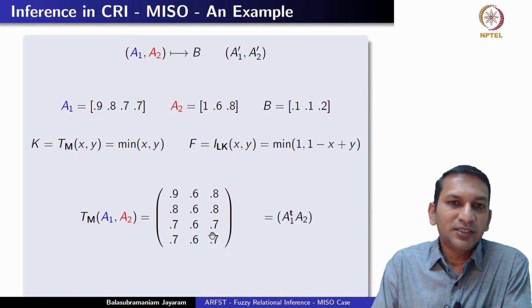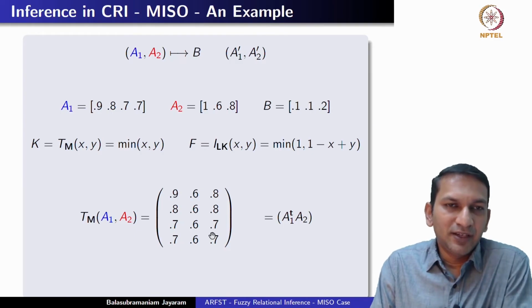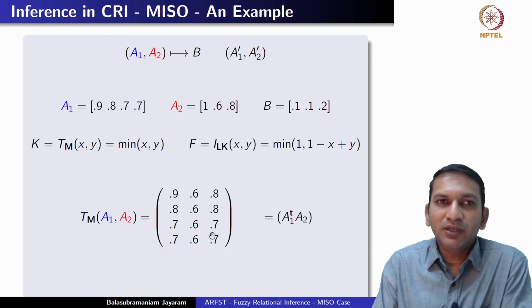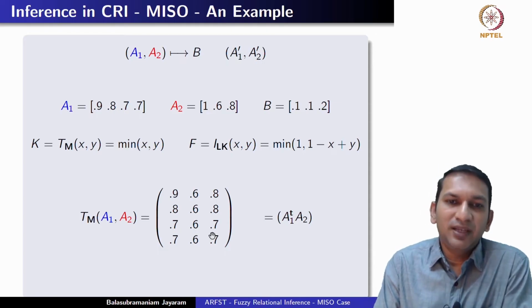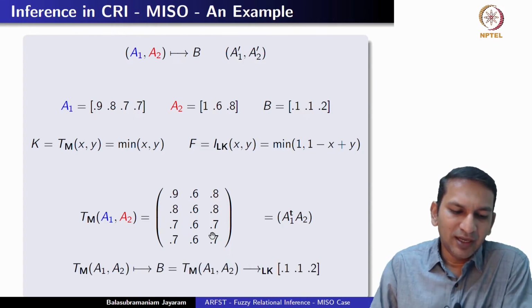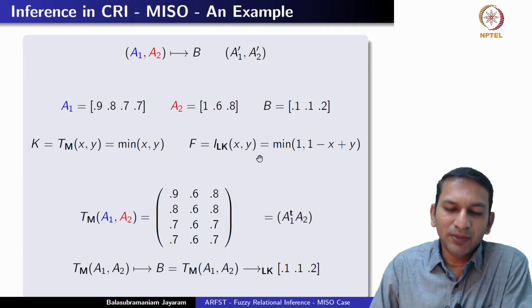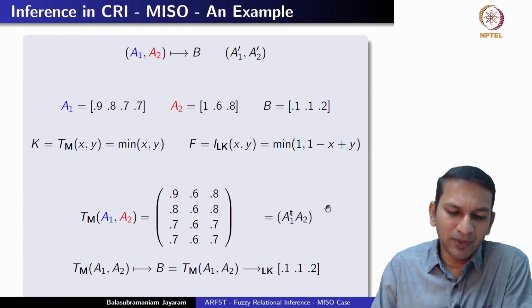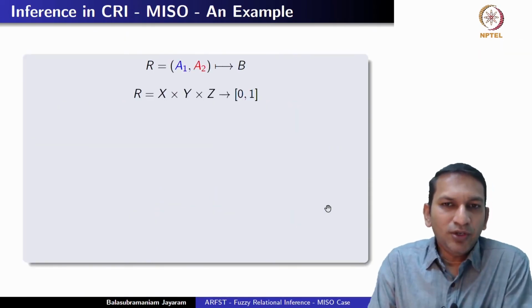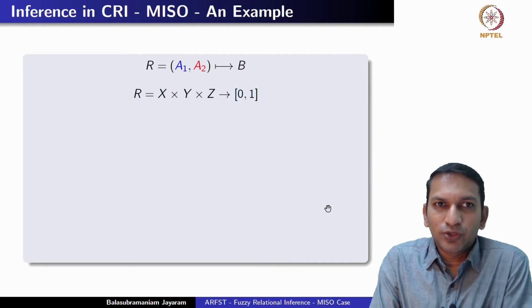Now, this is combining the antecedent. We still need to use the consequent of the rule to build the relation. So this operation is pending, and note that this is the F operation and it is given by the Lukasiewicz implication. Now, how do we do this? We want to build a relation for this rule.